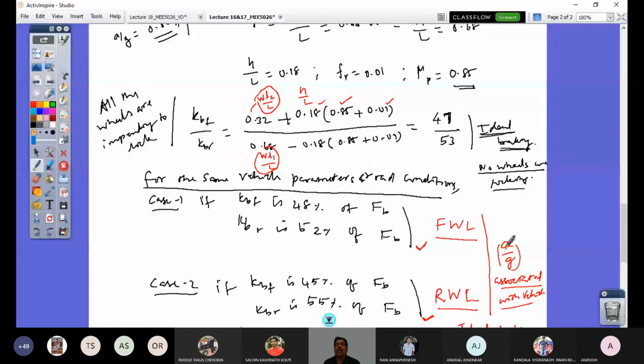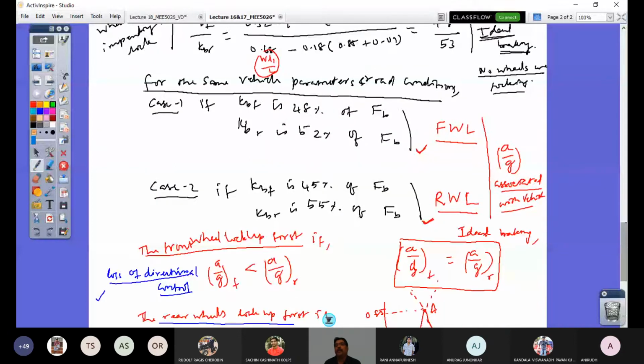So if all wheels are going to lock simultaneously because of this distribution of braking torques in the front and rear axle wheels, the A by G associated with the impending front wheel lock is the same as the A by G of the vehicle level deceleration associated with the impending rear wheel lock. If you have this condition satisfied, that's what is called the ideal braking condition. So that's what we have understood.